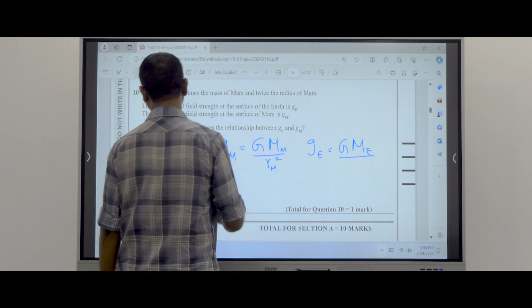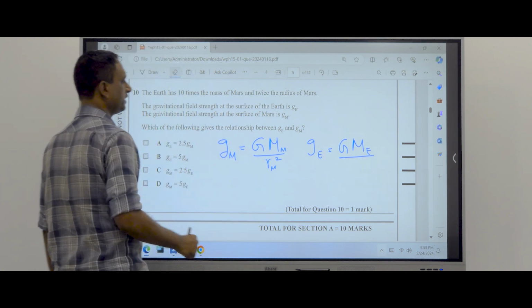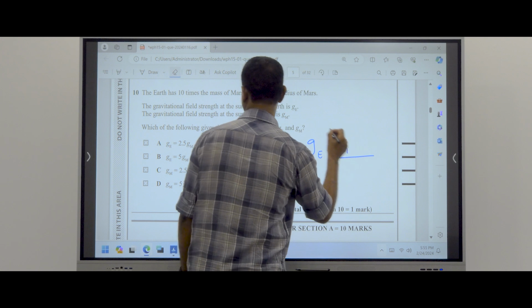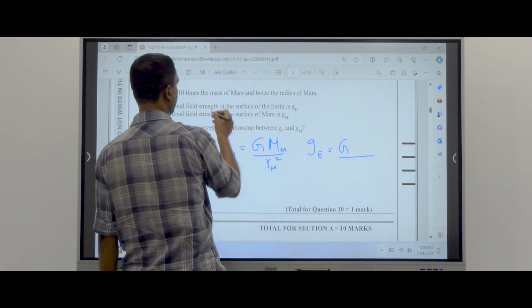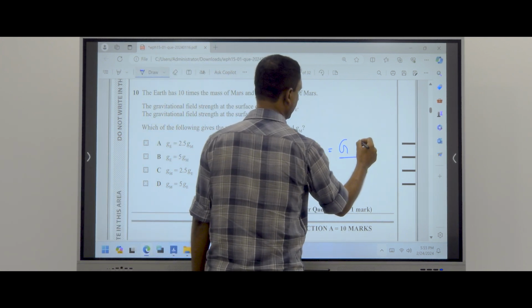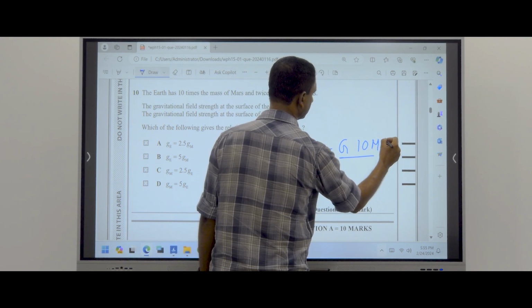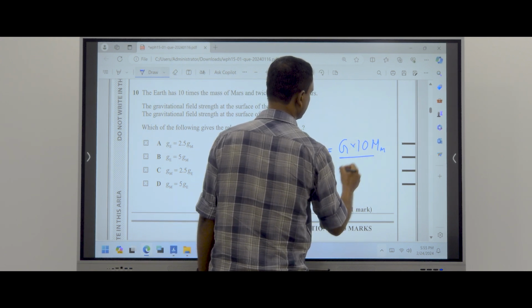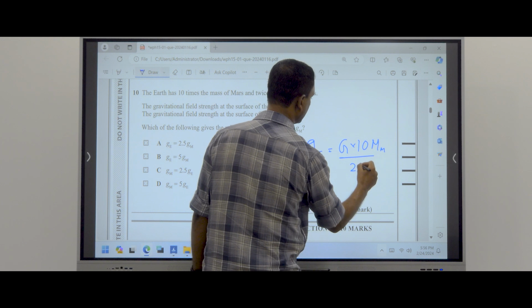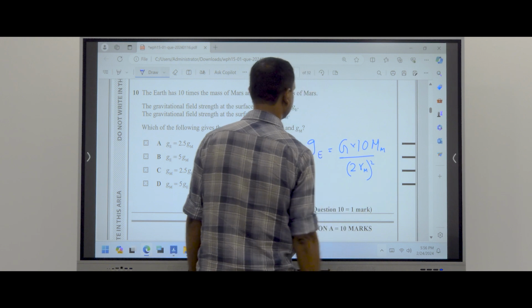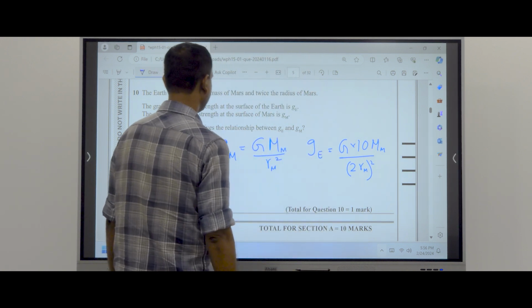We can write the mass of Earth in terms of the mass of Mars: 10 times the mass of Mars, divided by (2 r of Mars) squared.